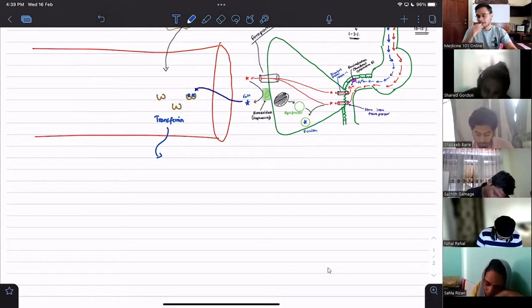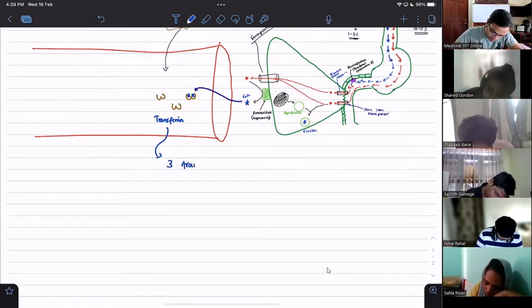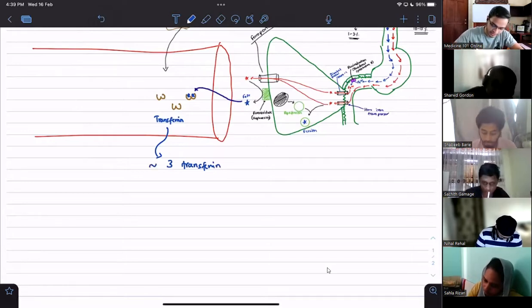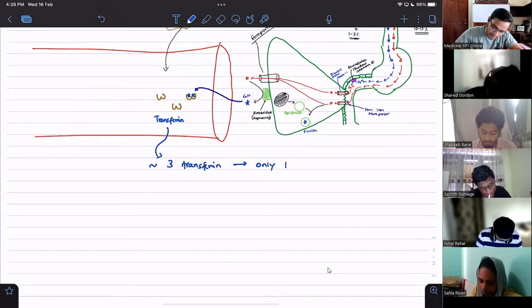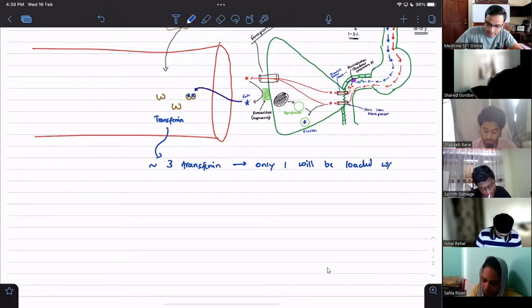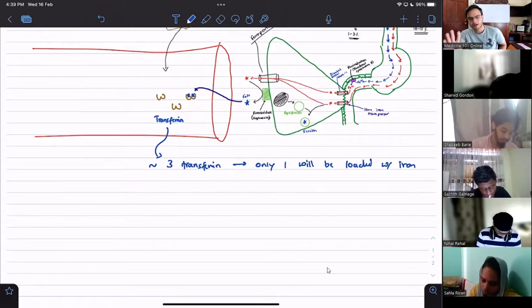For every 3 transferrin molecules, roughly, you can put a roughly sign, coming into the circulation, only one will be loaded with iron. For every 3 transferrins in the blood, one will be loaded with iron.